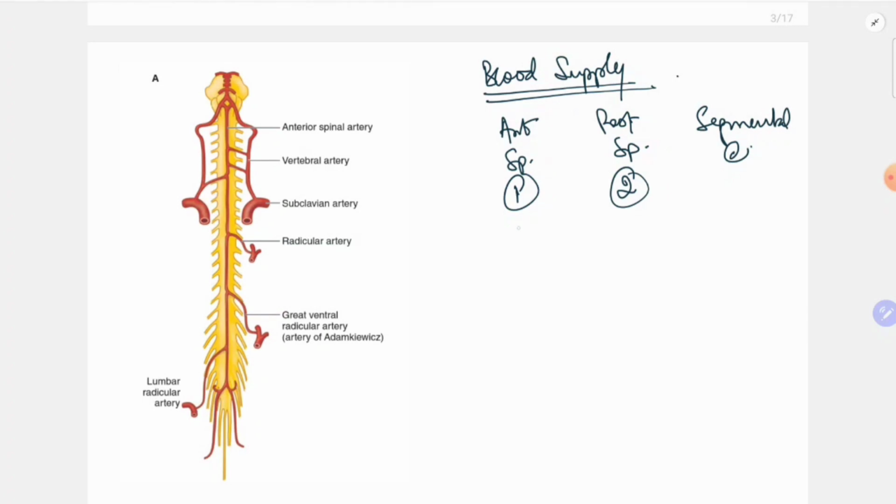And the anterior spinal artery comes from the vertebral artery. Okay, so there are branches from the vertebral artery of both the sides that join in the middle, and they form the anterior spinal artery. So this comes from the vertebral artery, its origin.